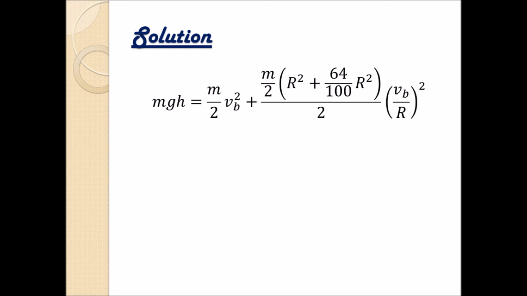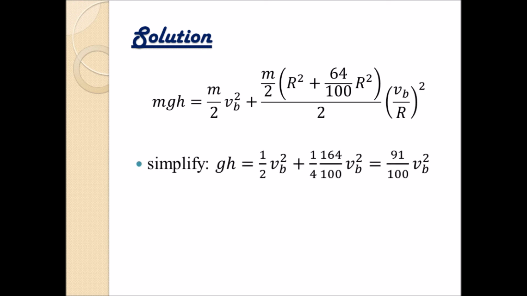Again, we can divide by the mass m all our three terms, and we can also simplify the right-hand side, and what we get is finally that g times h equals 91 divided by 100 multiplied with velocity v_B squared. What we were actually looking for was the velocity v_B in relation to velocity v_A.